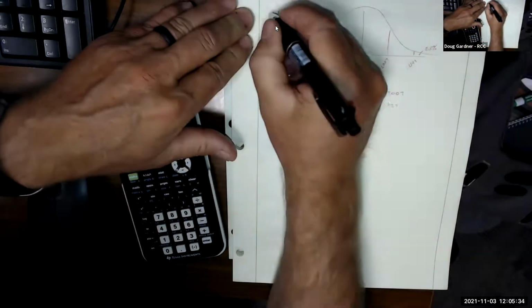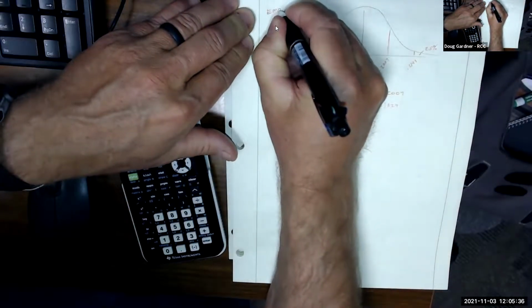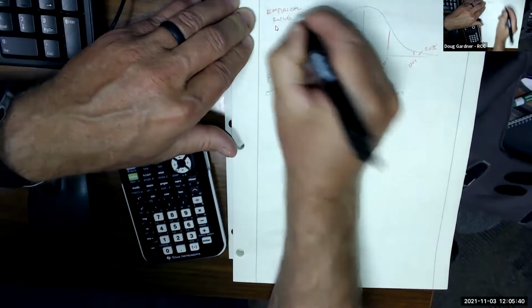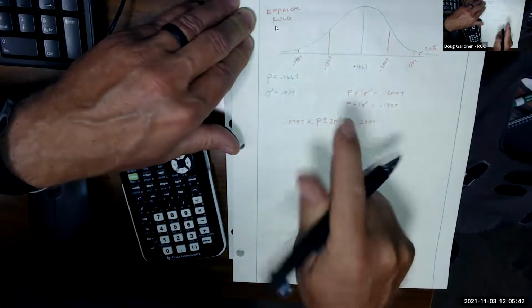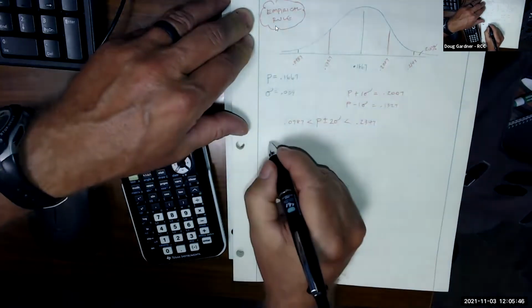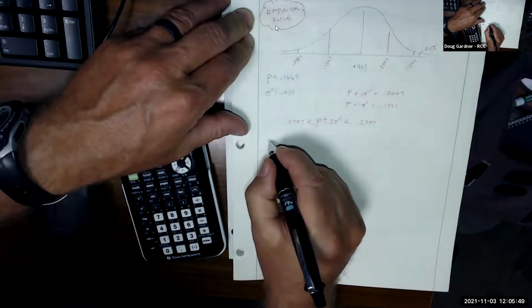But based on nothing that you don't already know, does it make sense you can answer questions that are a lot more varied than this? In other words, this one's kind of an empirical rule question. Empirical rule meaning you can only be plus or minus 1 or 2 standard deviations. But does it make sense you can answer other questions too?